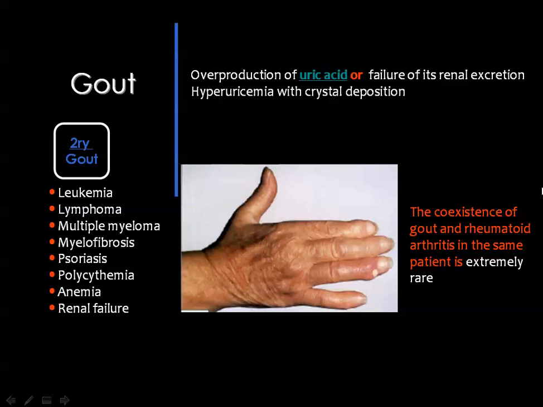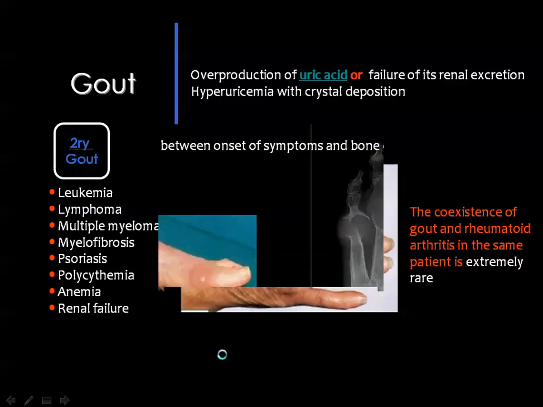This is an important notice that coexistence of gout and rheumatoid arthritis in the same patient is considered extremely rare. This is the primary gout, and secondary gout may be, the condition of hyperuricemia may be associated with other diseases like leukemia, lymphoma, myeloma, myelofibrosis, psoriasis, polycythemia, anemia, and renal failure.